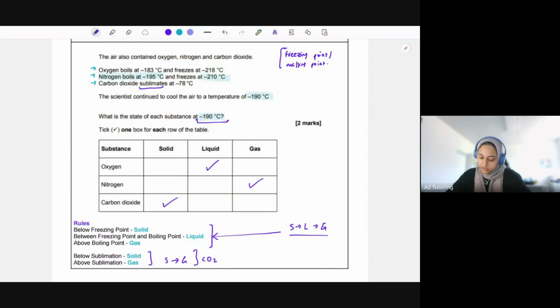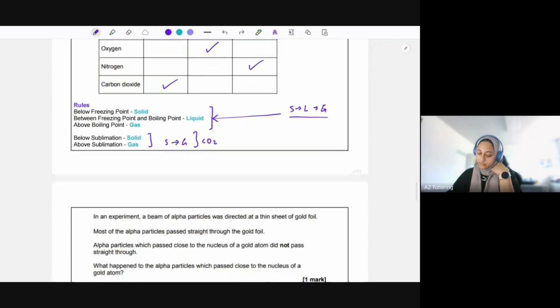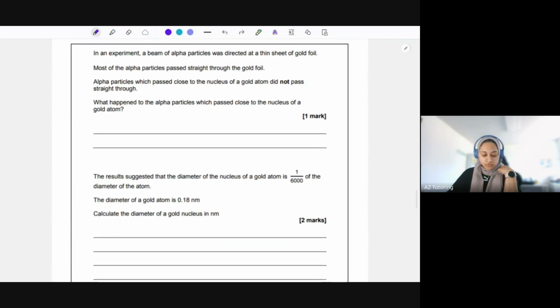Just double check my answers. I think when it's minus numbers, a lot of people get confused. So realizing that minus 78 degrees Celsius is higher than minus 190 degrees Celsius. So because it's higher, it's a solid. Okay, moving on.